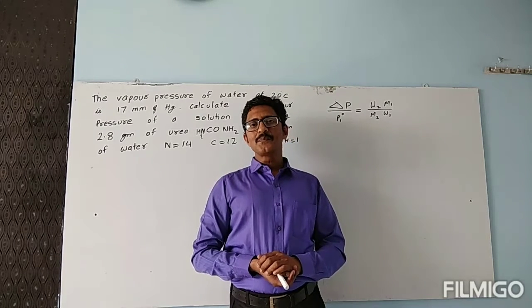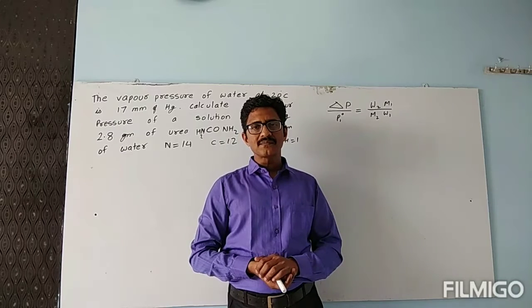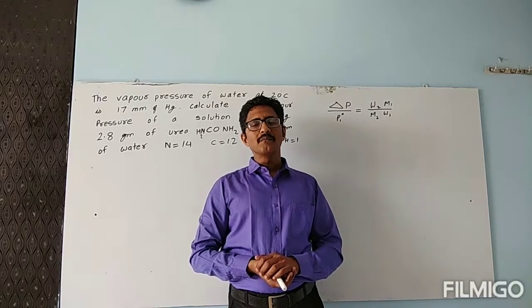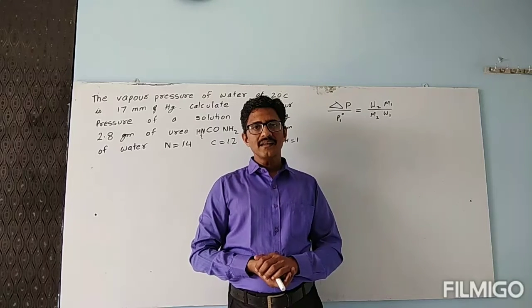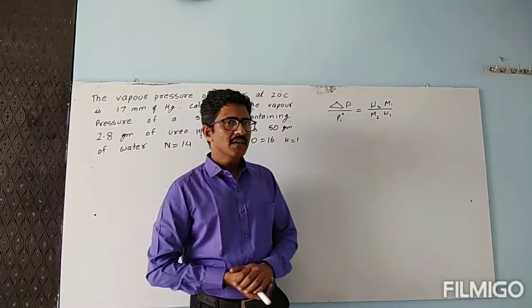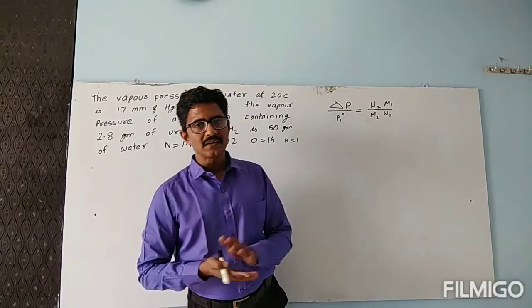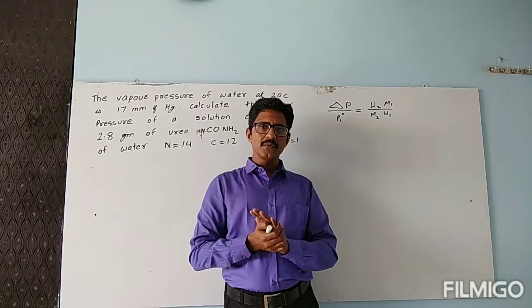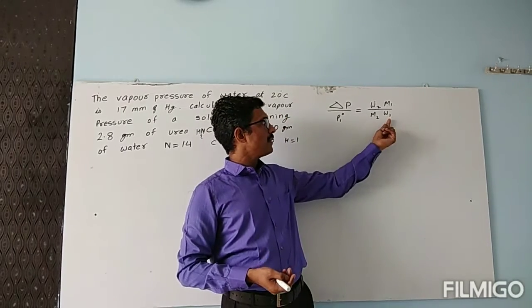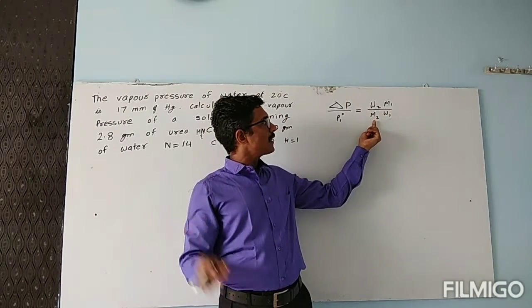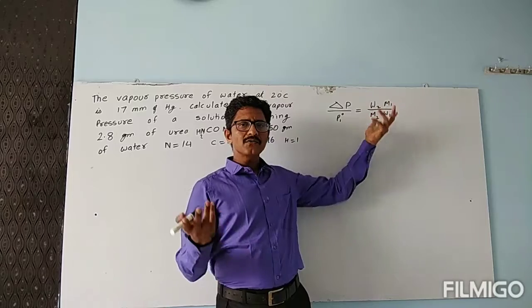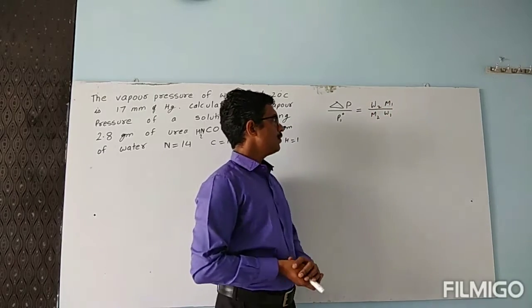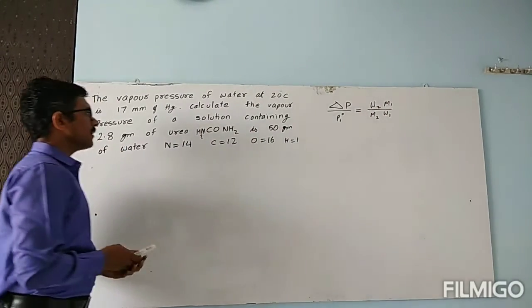So let's begin with today's topic. Today I am taking one more numerical in that direction, and you will see that the concept is the same, the formula is the same. Sometimes they will ask M2, sometimes they will ask M1, and so on. So let's begin, students.